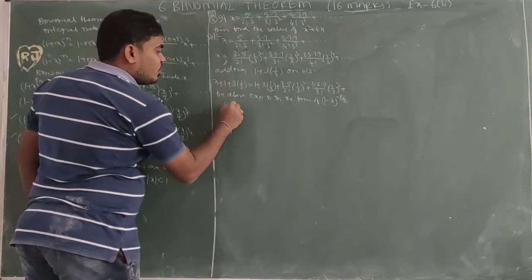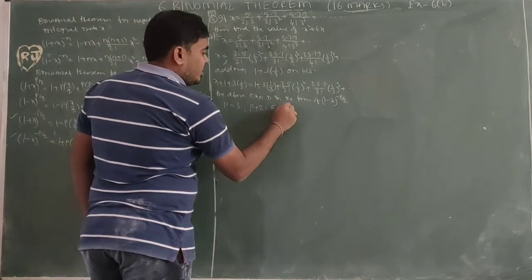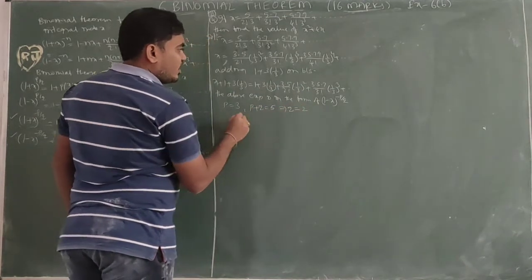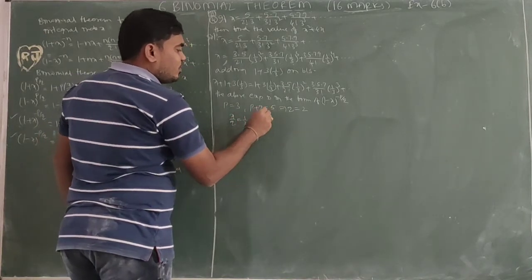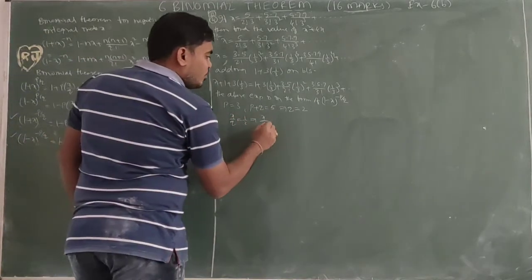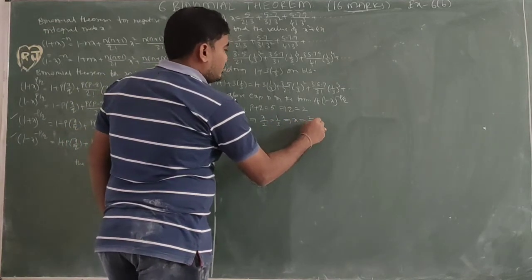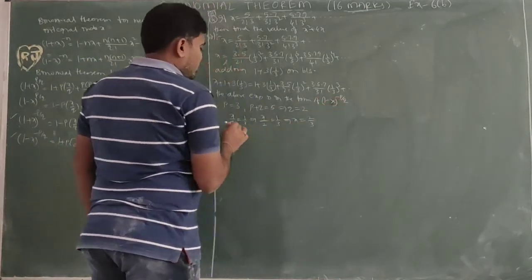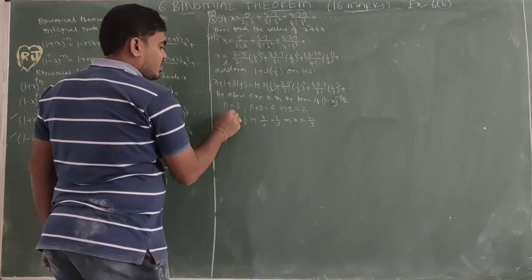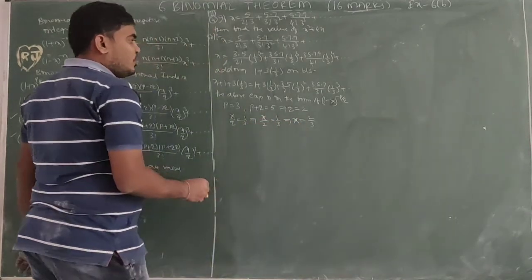So p equals 3, p plus q equals 5, q equals 2, x by q equals 1 by 3, implies x equals 2 by 3. Already we have small x, so to avoid confusion I am taking capital X. So capital X equals 2 by 3.